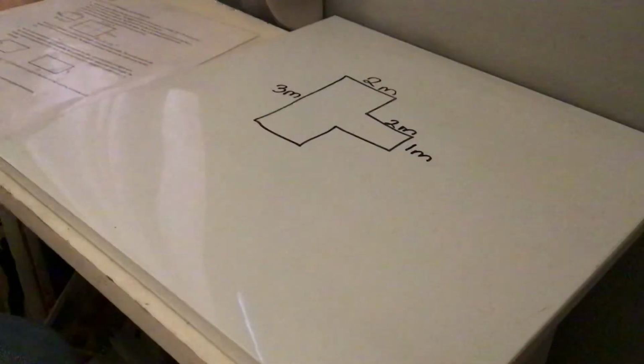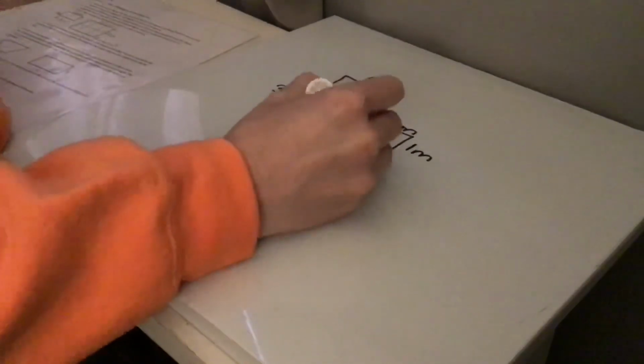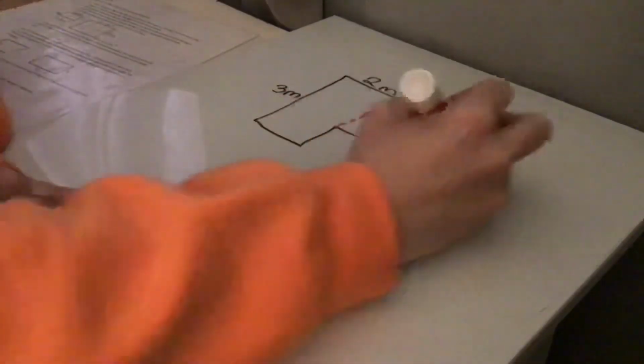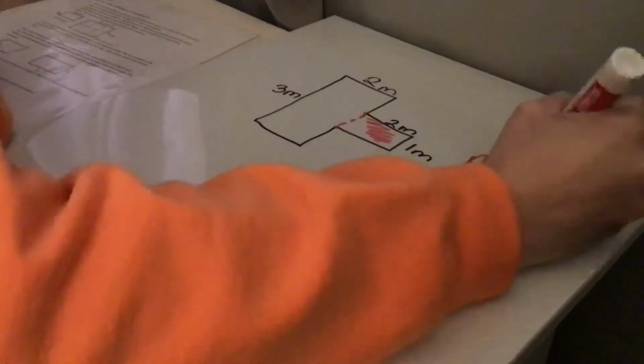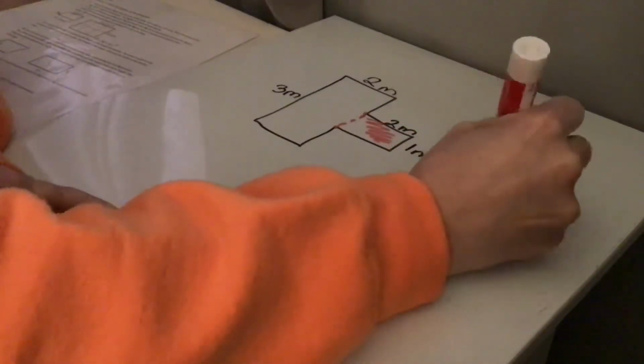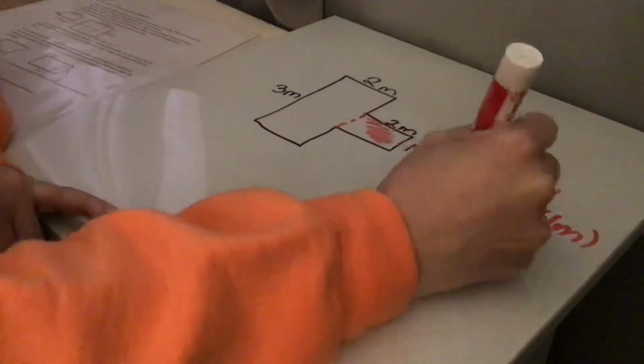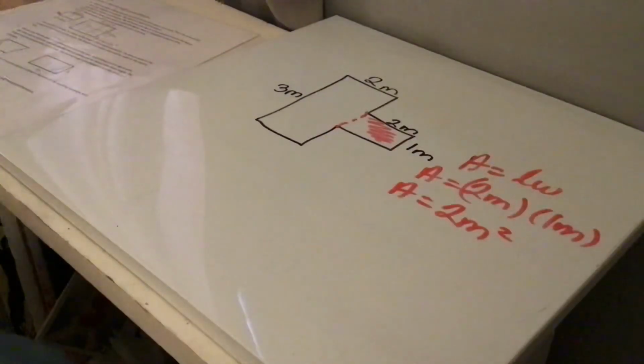Okay, we want to find the area of this entire figure. So you can kind of divide it up into rectangles. So if I put a line here, I can find the area of this rectangle. So that red area is length times width. So 2 meters times 1 meter. So that's going to give us an area of 2 square meters for that little red rectangle.